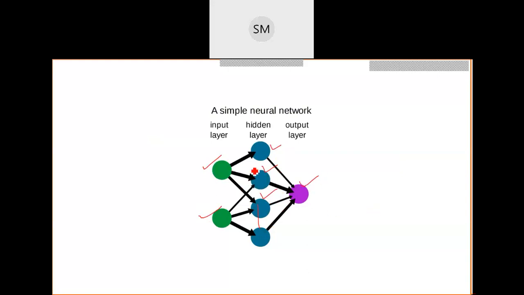In the hidden layer, the units are taking some inputs from the input units, and the outputs of these hidden units are again inputs to the unit in the next layer, that is the output layer. So this is a simple neural network.